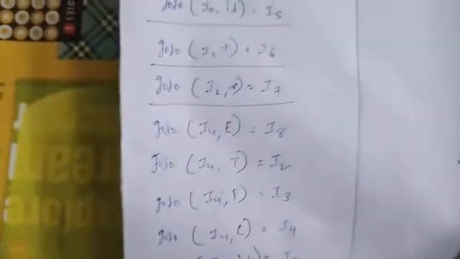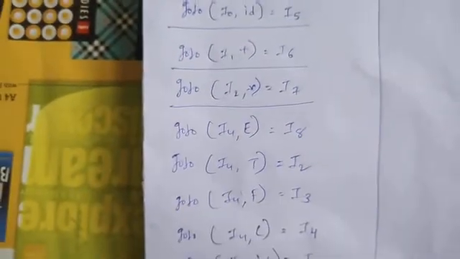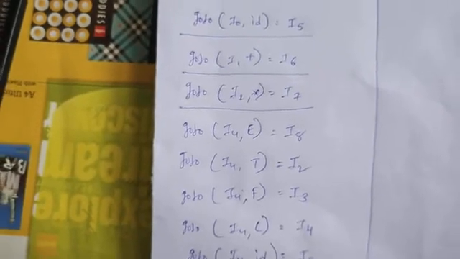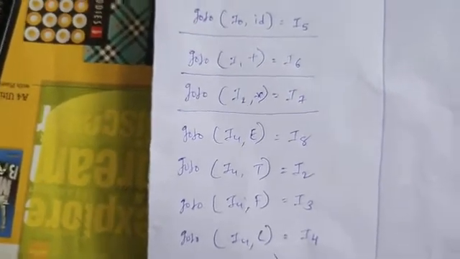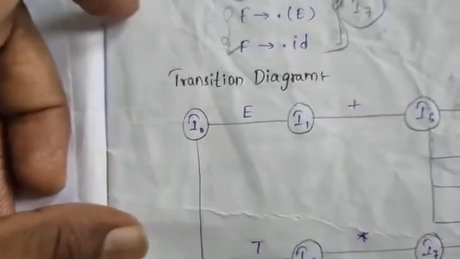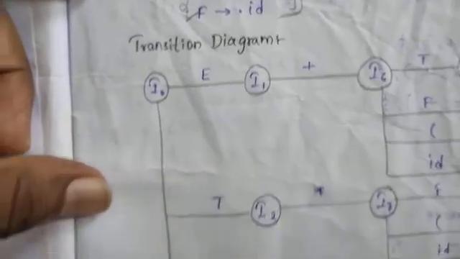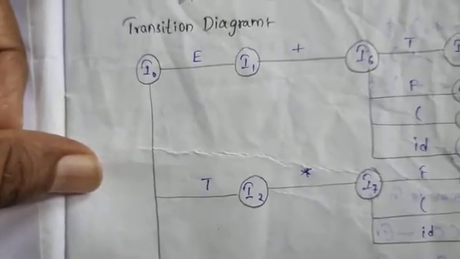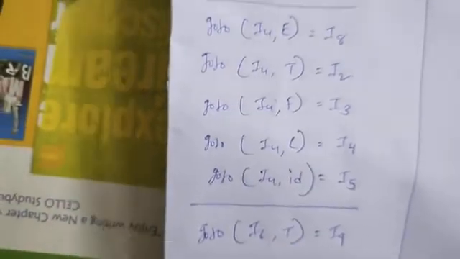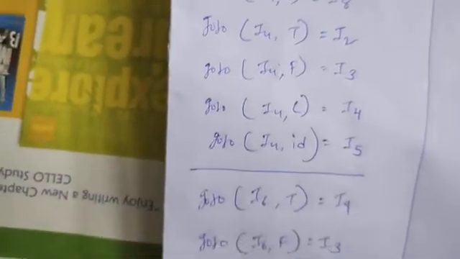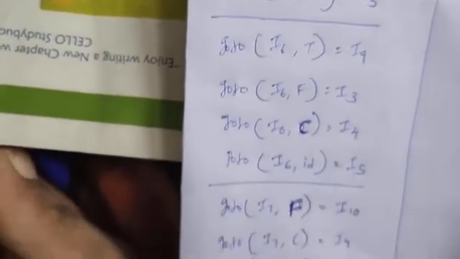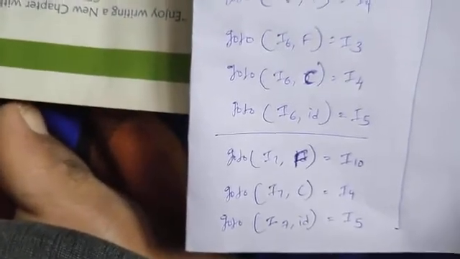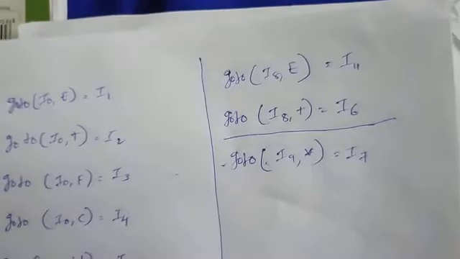Next we will go to I1 comma plus, I6, I2 comma star, I7. So I1 comma plus it will go to I6, I2 comma star it will go to I7. Okay, like that we draw all the go to statements one by one in the form of a transition diagram. So okay, finally the transition diagram looks like this.